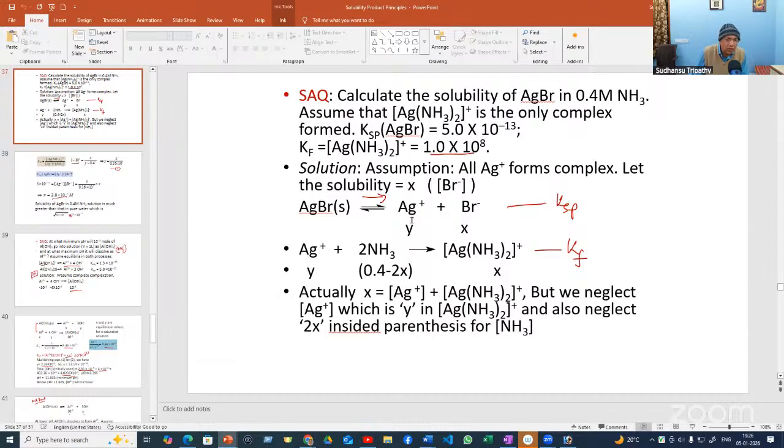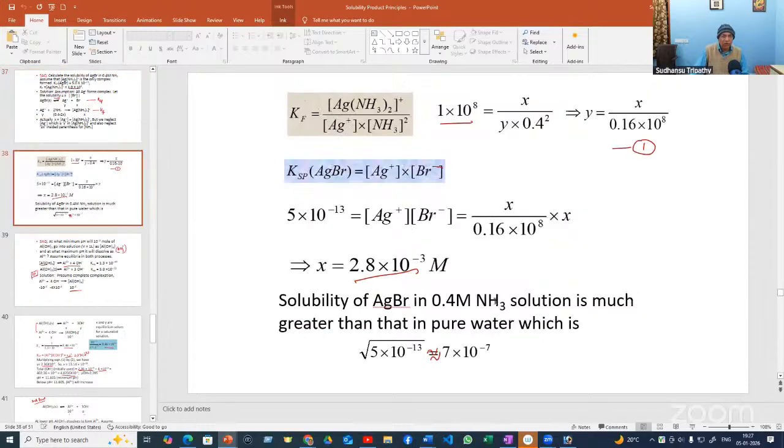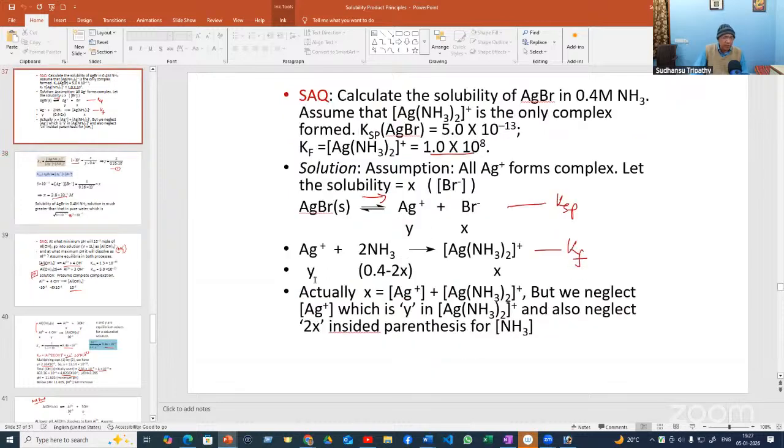The ion which has been removed almost completely is not the solubility. The solubility is known from the uncommon ion, Br minus, which is not reacting in the second step. You understood? So if it is complexation, you have to believe that the one which is undergoing complexation is completely removed.